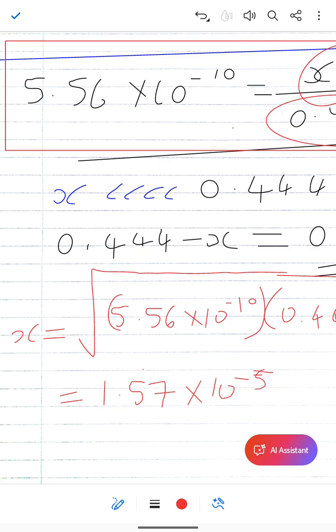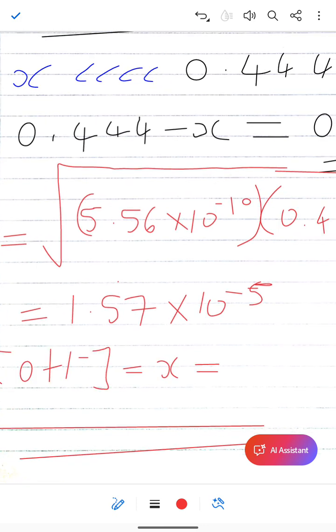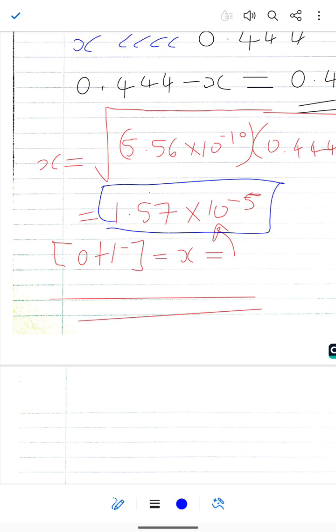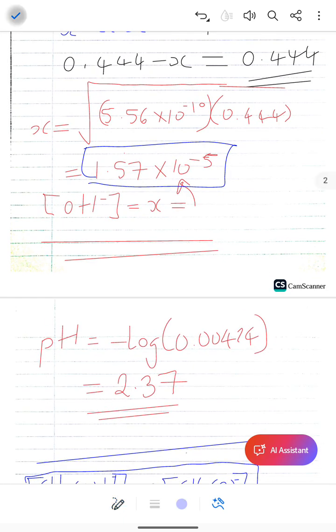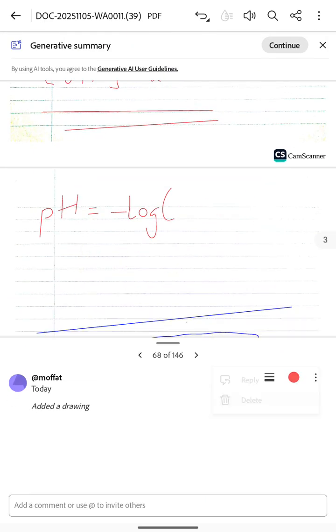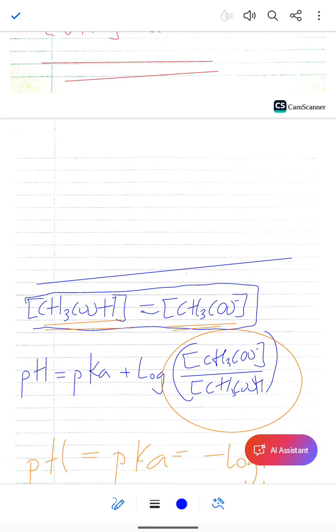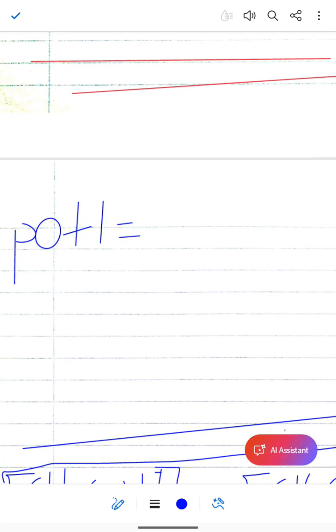And then also from our ICE table, we both agreed that the concentration of this hydroxide ion is equal to x, which is equal to this. So now we can find pOH. From our formula, we both know that pOH is equal to negative log of the OH concentration.